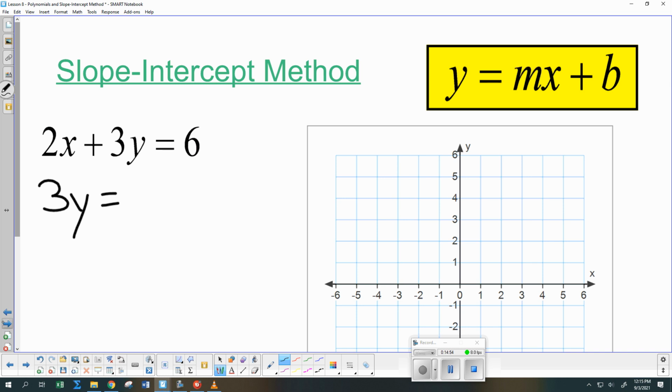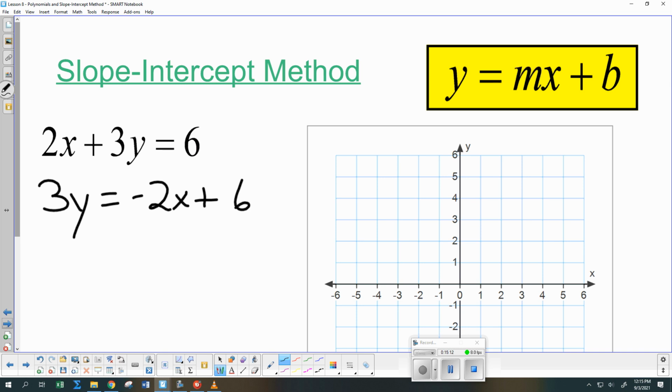If I'm trying to get 3y by itself, it's my first step there. So I'll move the 2x to the other side, I'll subtract the 2x from both sides, good, and I'll have minus 2x plus 6. She knows we've got to get to just y, so if I've got 3y, what do I do to everything to get just y?